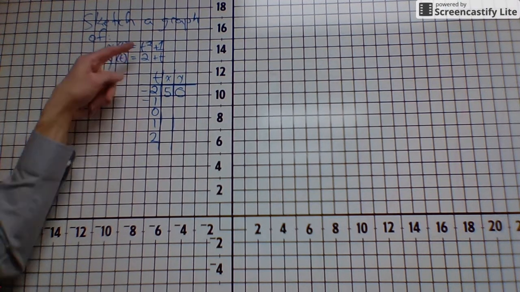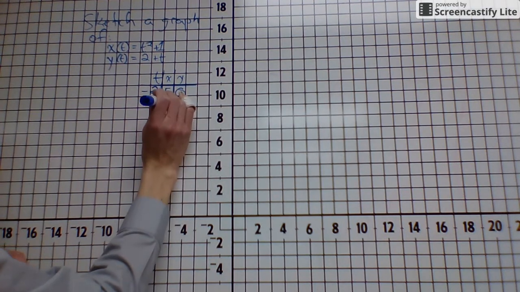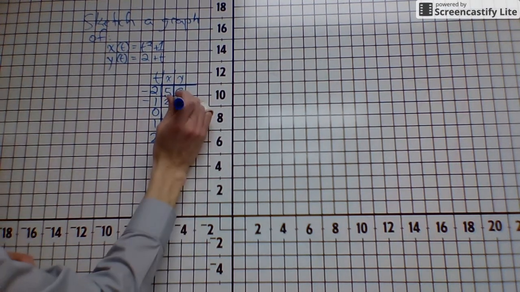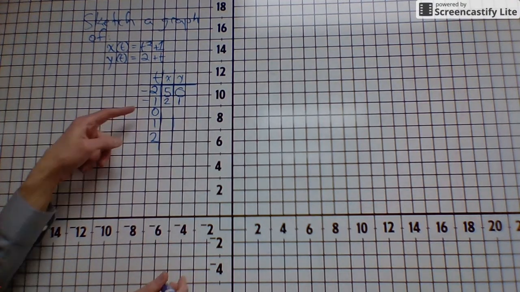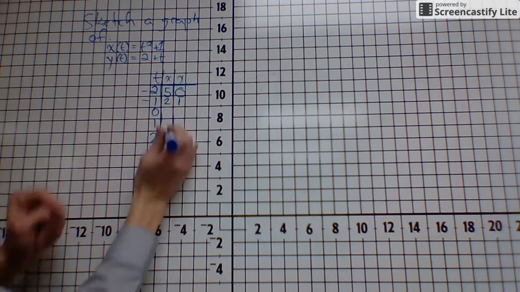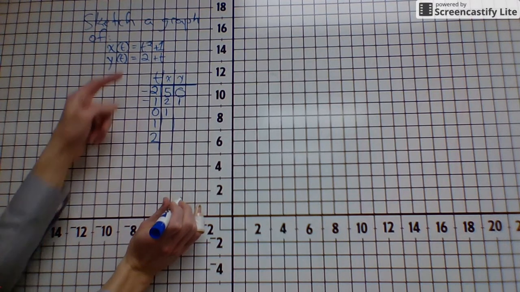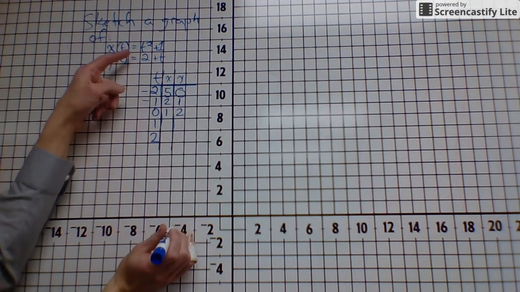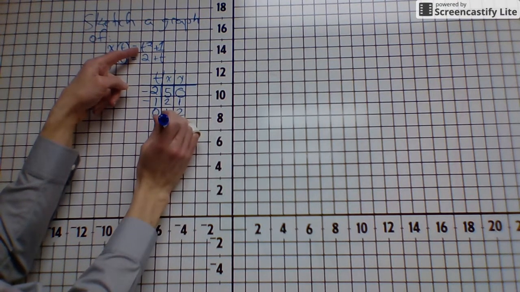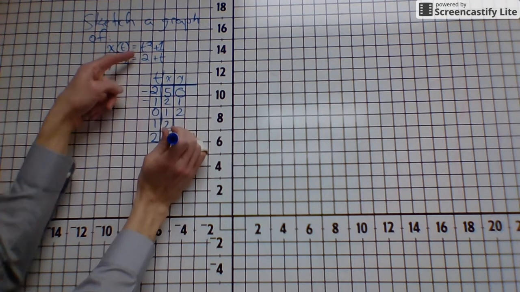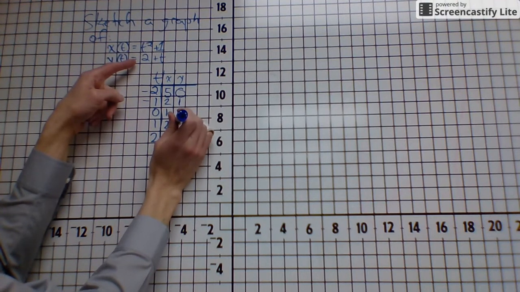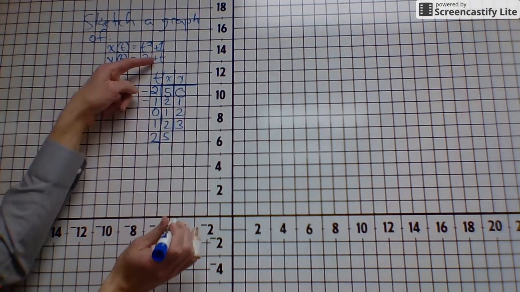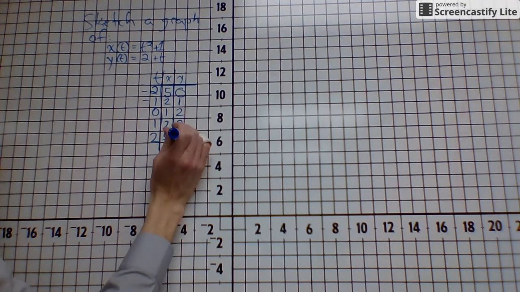Same thing for -1: square it and add 1, and then add 2. For 0, we'll square it and add 1, and then add 2 to it. For 1, square it and add 1, add 2 to it. And for 2, square it and add 1, and then add 2 to it.